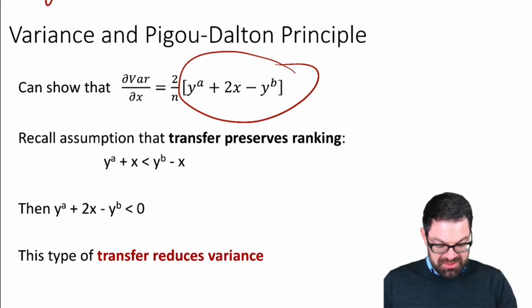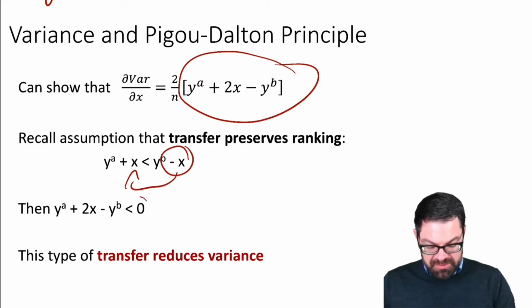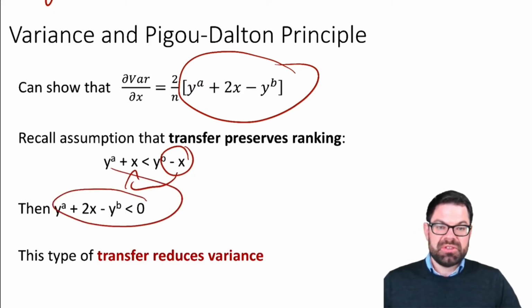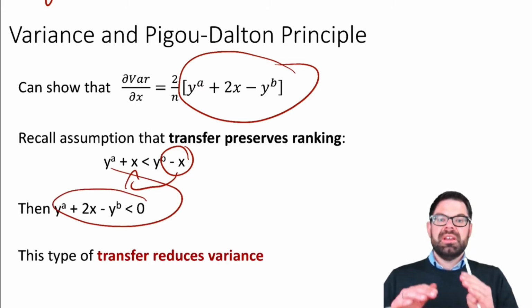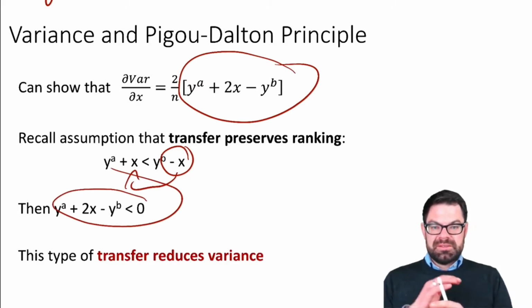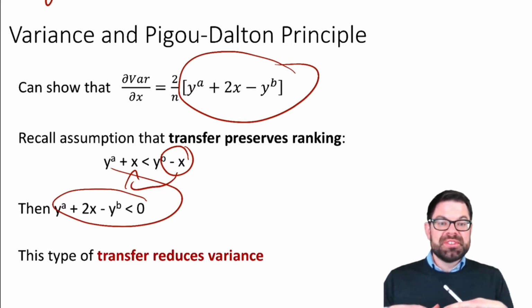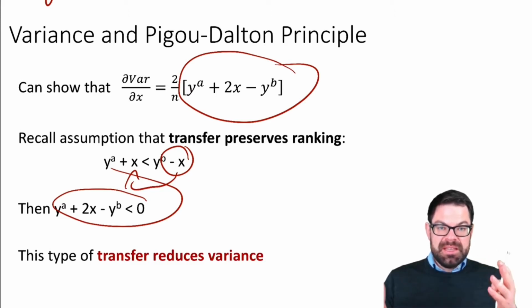All you need to do here is take that x and add it over here, and you arrive immediately at that condition. So under the condition that the transfer is so small that it doesn't change the ranking, the transfer actually reduces the variance. And that means the variance fulfills the Pigou-Dalton principle.